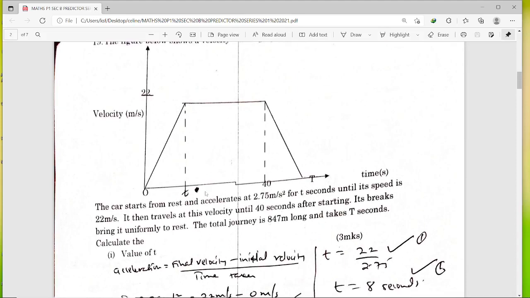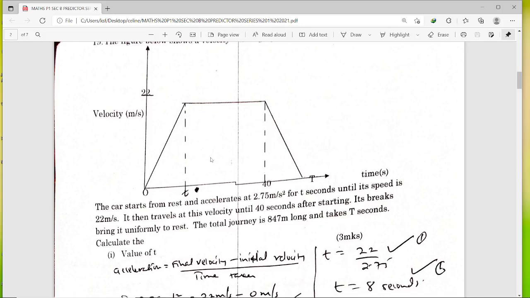So that means this is a trapezium. So we shall have a half times the height, which is 22, into a. If we use capital T, because we are told that the whole journey took T seconds, then from 0 to this point is T seconds.